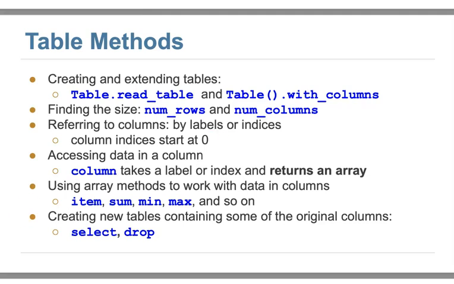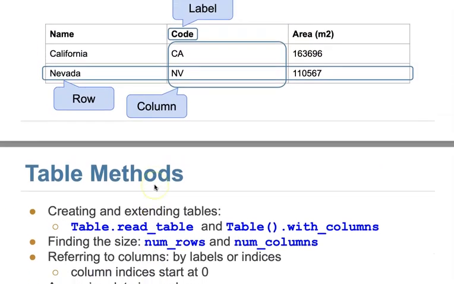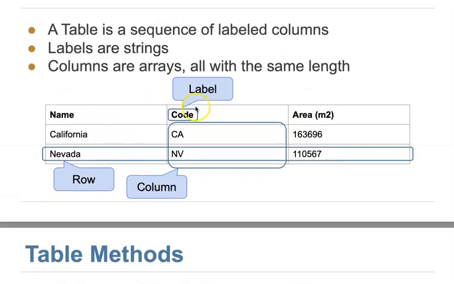So when we talk about the index, for example, here you have 3 columns, right? The name has index 0, code is index 1, area is index 2. To refer to the name column, you can either refer to it by the name using single quotes, or using the index 0.